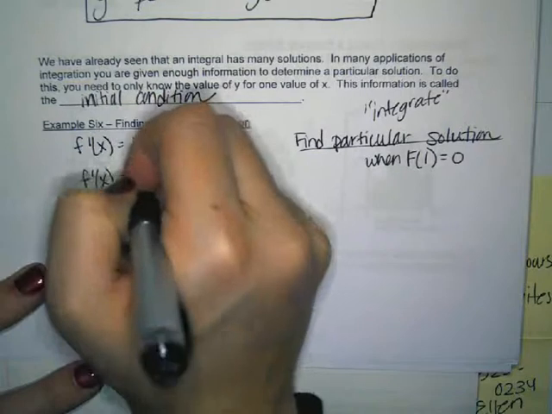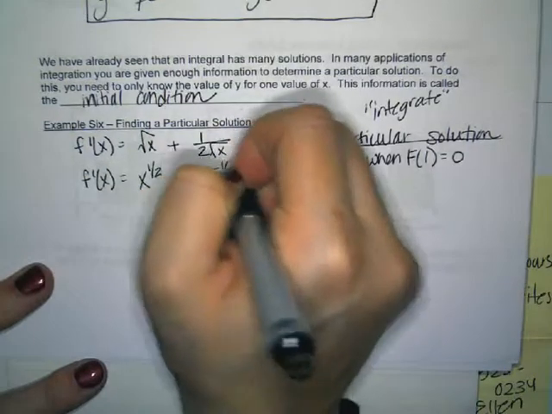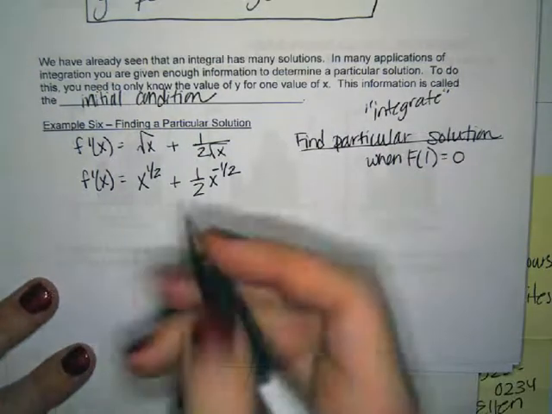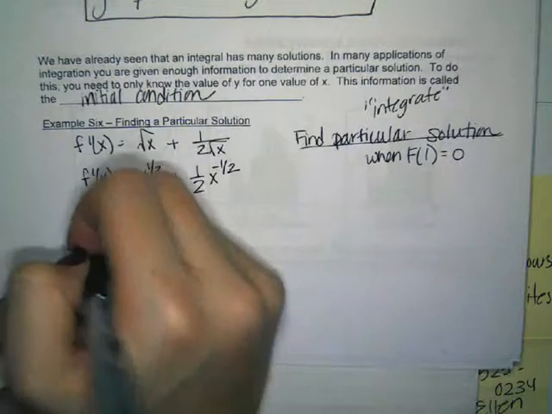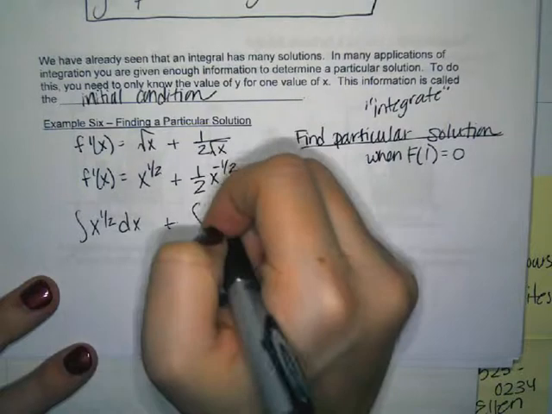We don't have to use substitution here because you don't have an inside function. You just have x raised to a number power, so we can just use the power rule for integration here. Whatever I get when I integrate this is going to be my original function, or capital F of x.